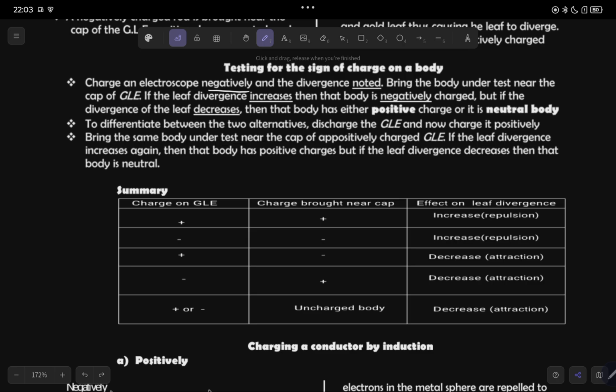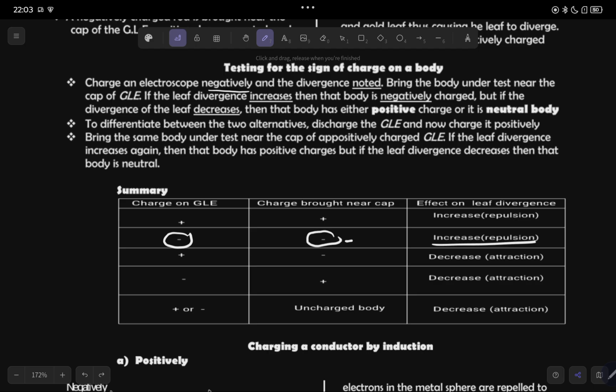If you have charged a gold leaf electroscope negatively, and you bring a body whose charge you want to test near the cap, and you see increased divergence, then the charge that you are testing is also negative. So negative charge on the gold leaf electroscope, and you see an increased divergence, then what you are testing is negative also.